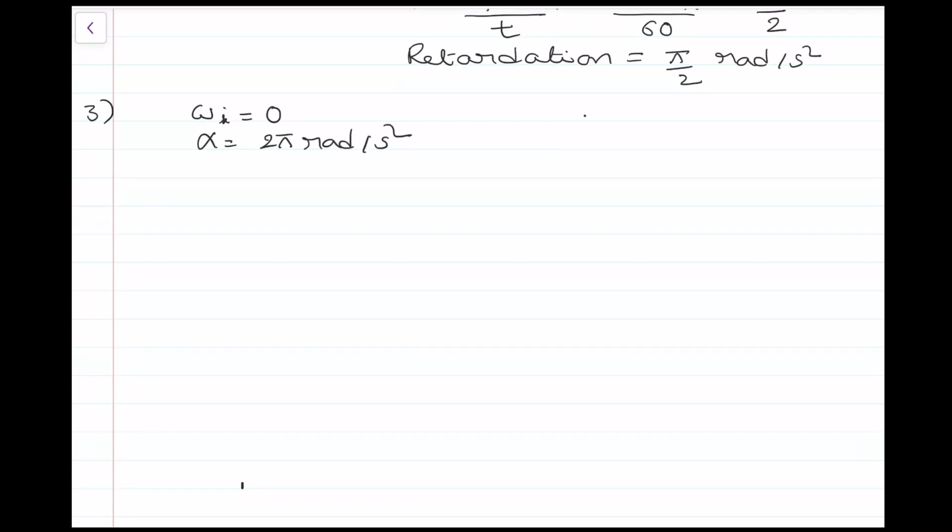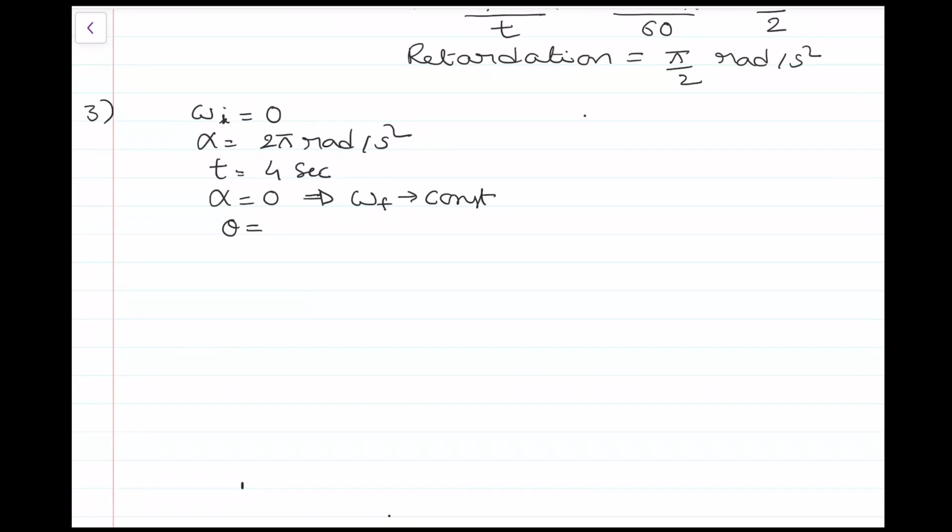After 4 seconds, if the angular acceleration ceases to act, nothing but alpha is equal to 0, implies the angular velocity remains constant. Its angular displacement in the next 4 seconds we have to find out.